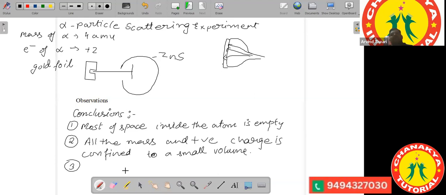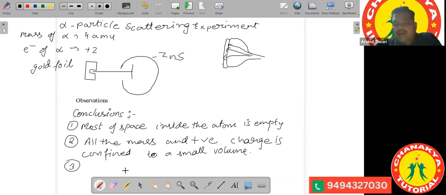See, electrons revolve around the nuclei. It was not a result of the alpha particles getting scattered. It was not a conclusion drawn out of this experiment. We will study the electrons revolving around the nucleus in the nuclear model, where Rutherford gives his nuclear model. There he tells that the electrons revolve around the nucleus.